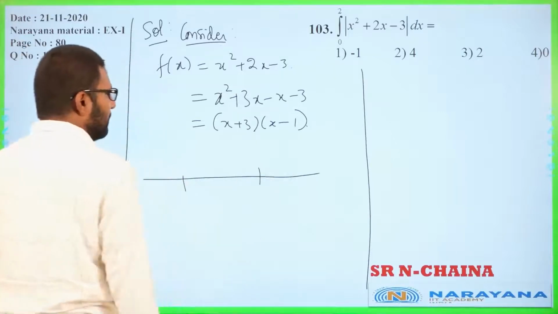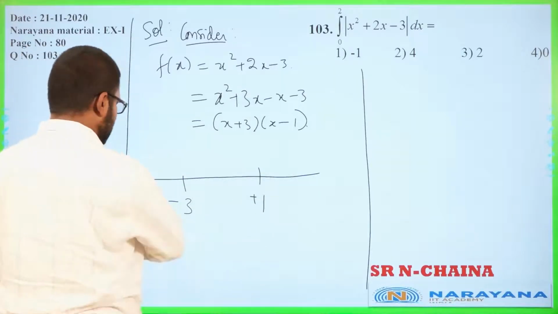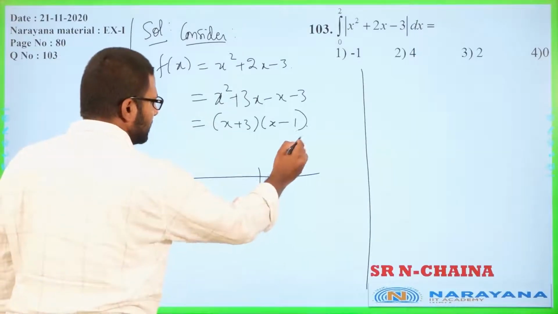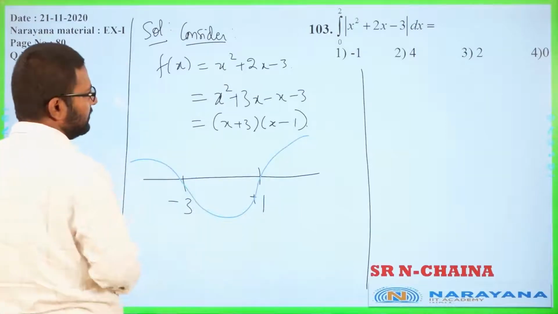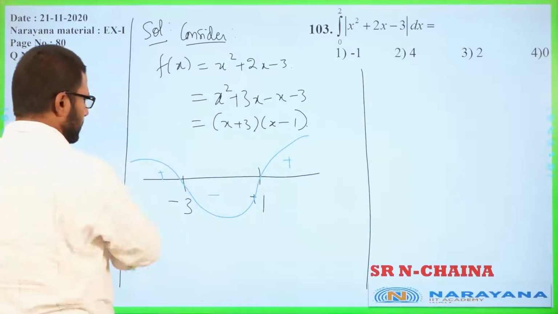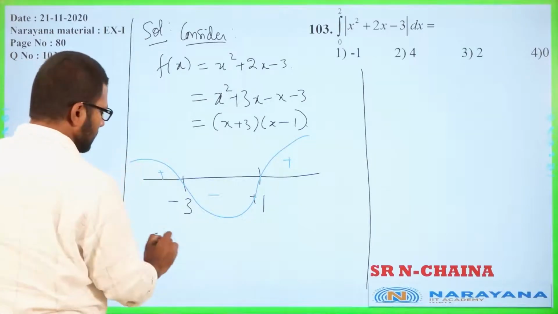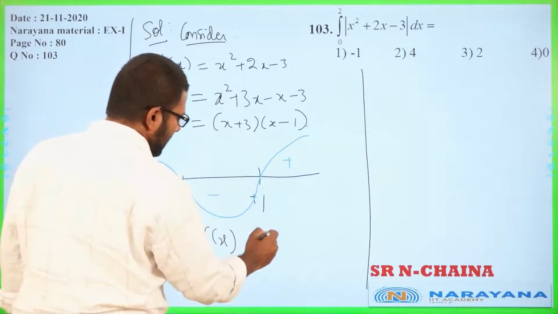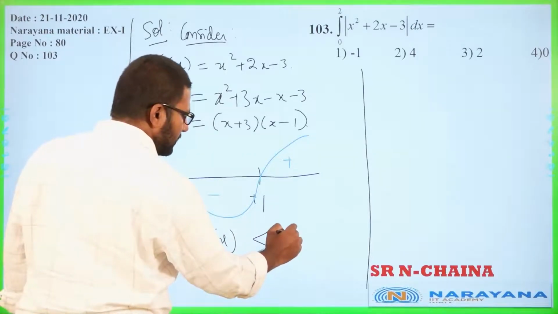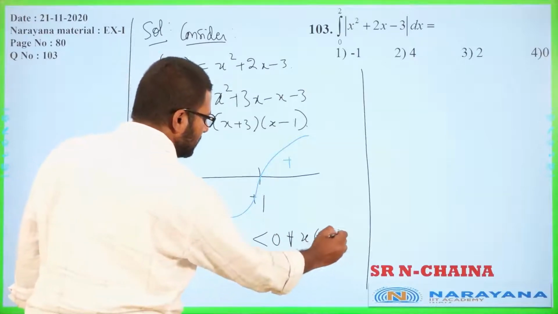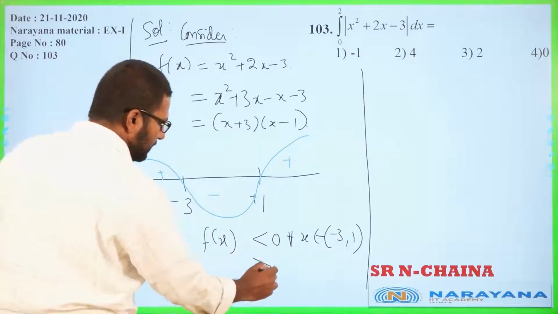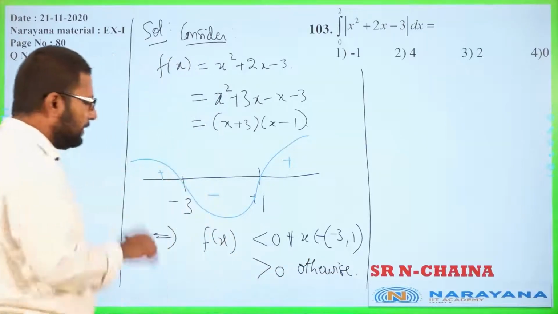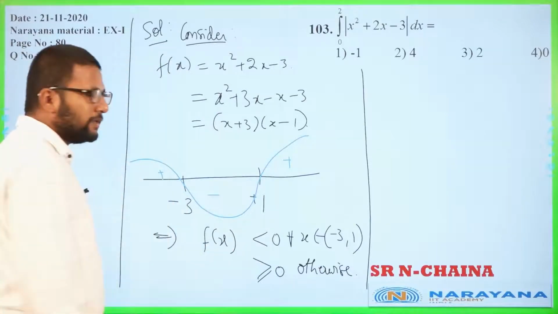If not, apply the wavy curve, minus 3 and plus 1. The wave always starts from the top right and then draw this. So positive, negative, positive, right? Which means f(x) is negative for all x belonging to minus 3 to 1, and greater than or equal to 0 otherwise.